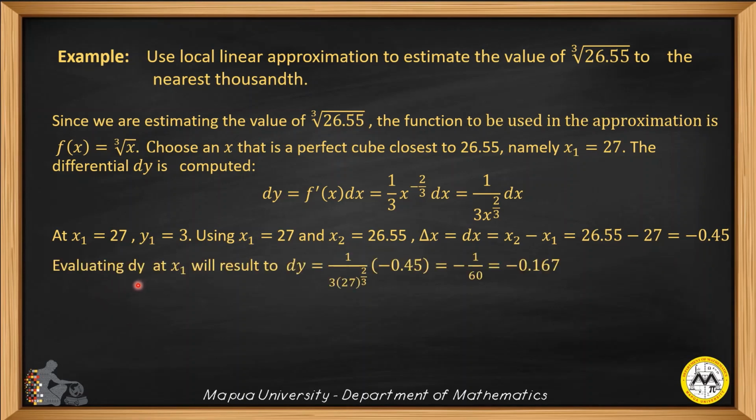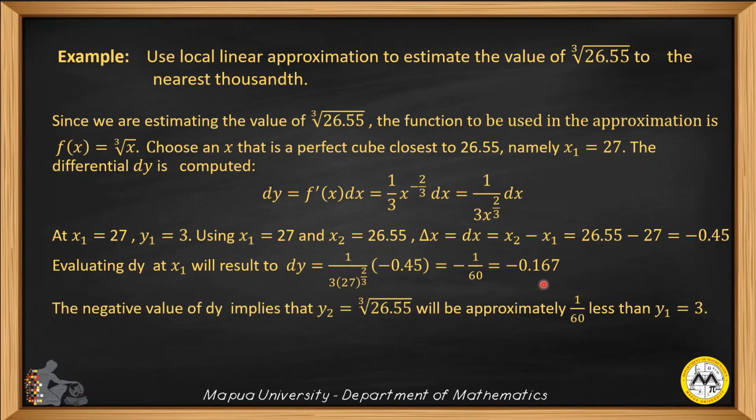Now we evaluate dy at x sub 1 by substituting 27 in place of x and negative 0.45 in place of dx. And that will just give us negative 1/60, or approximately negative 0.167. So, take note that dy value is negative.